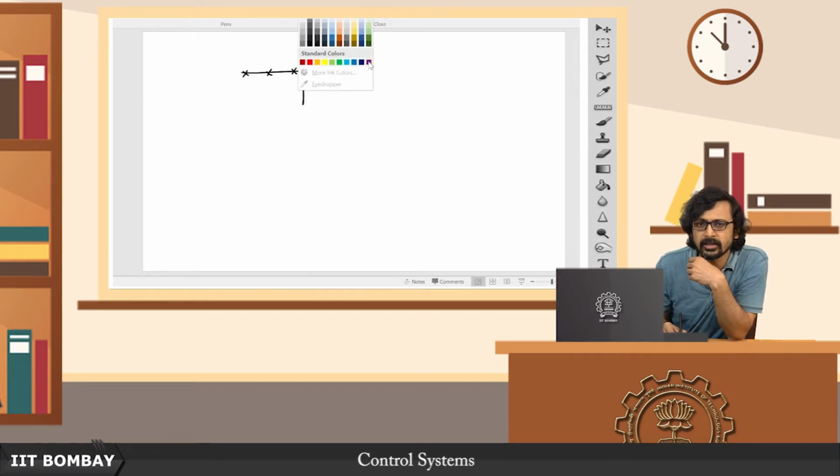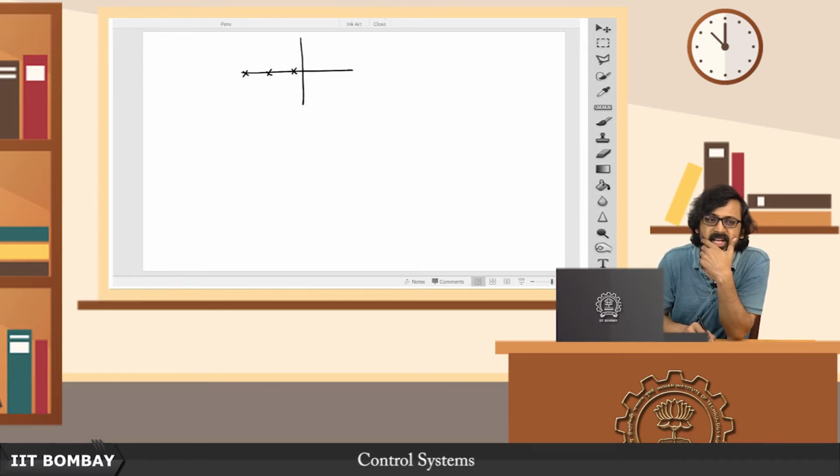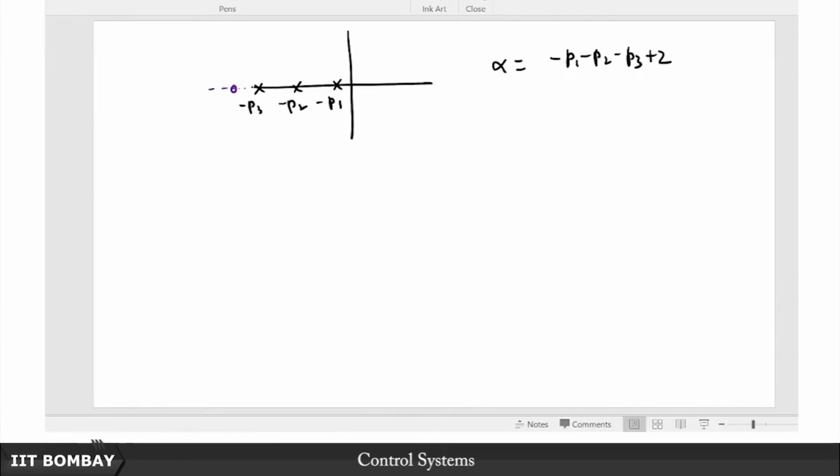One way of answering this question is, of course, to analyze how the centroid shifts. The centroid is given by alpha equal to minus p1 minus p2 minus p3 plus z. And suppose you place your zero here, larger than all 3 of them. What happens then?